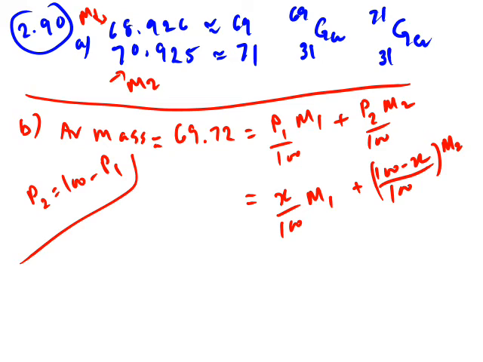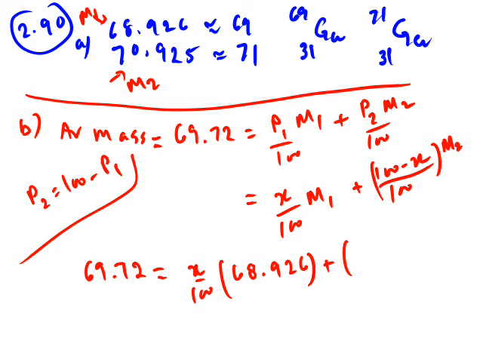So let's now put down all the numbers, and then I'm assuming that you'd be able to do the rest. X over 100 times M1 is 68.926, plus 100 minus X over 100 times 70.925.